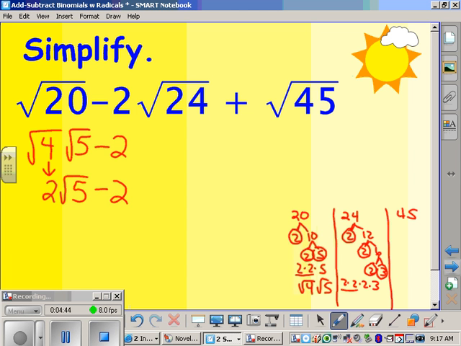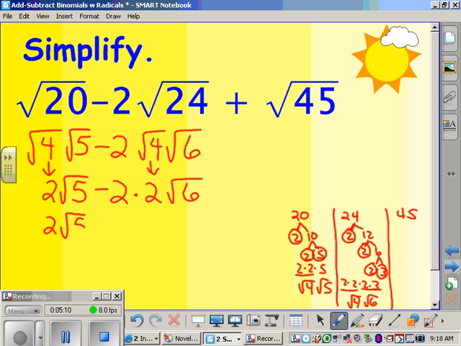Underline your pairs, which would just be the 2, and multiply them to give us our first radical. And then anything that's not a pair, in this case, multiply them together to get radical 6. So radical 24 breaks down into radical 4 and radical 6. Then we'll take the square root of 4 and get 2, and drop down the square root of 6.